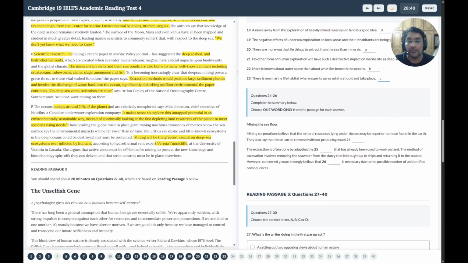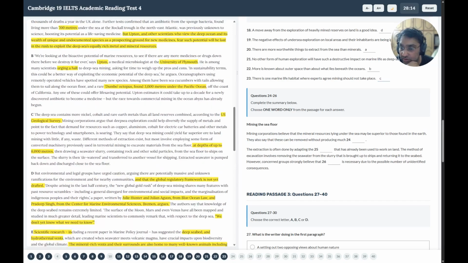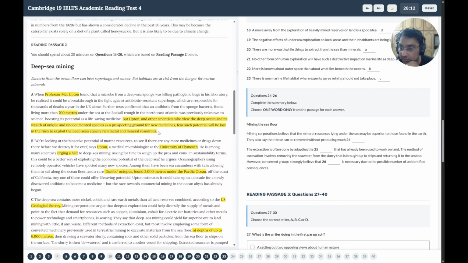Okay, mining the seafloor. So this is basically a summary of all passages from A to F. And this is what the answer is going to be for each one of them. What we're going to do is choose one word from the passage and then try to understand it. Mining corporations believe that the mineral resources lying under the sea may be superior to those found in the earth. They also say these can be removed without producing much trash.